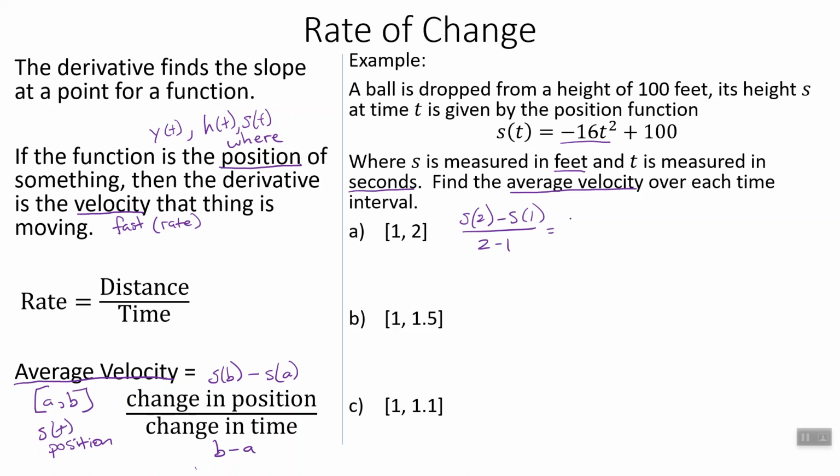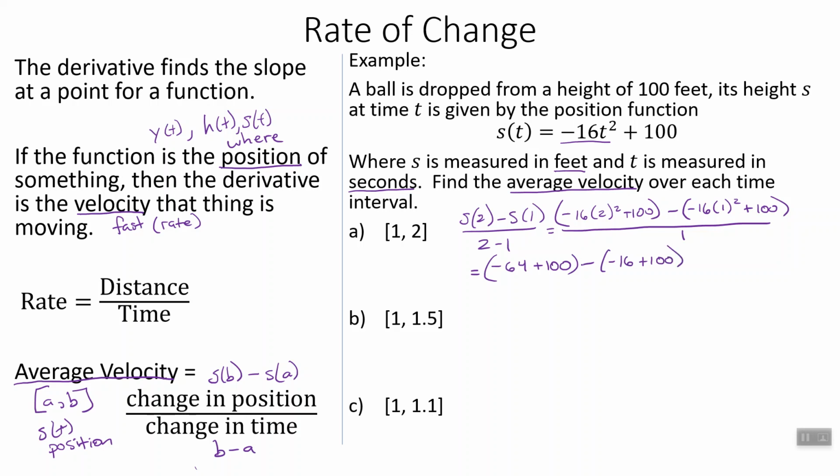So the position at time 2 is negative 16 times 2 squared plus 100, minus the position at time 1, which is negative 16 times 1 squared plus 100. And then this is all over 2 minus 1, which is actually just 1. So we get negative 16 times 4 is negative 64 plus 100, minus negative 16 times 1, which is just negative 16, plus 100.